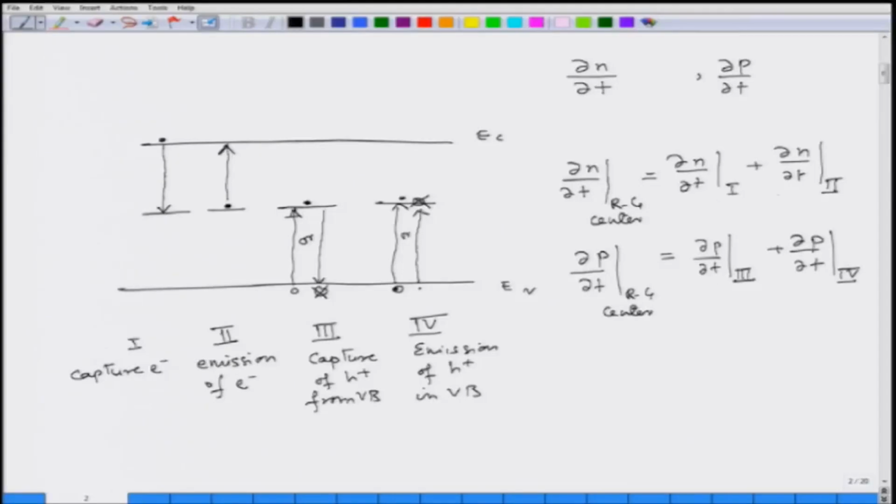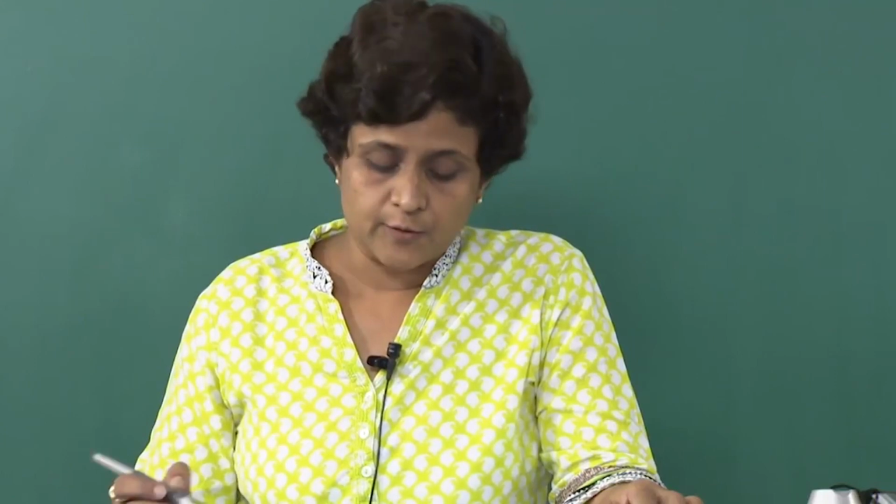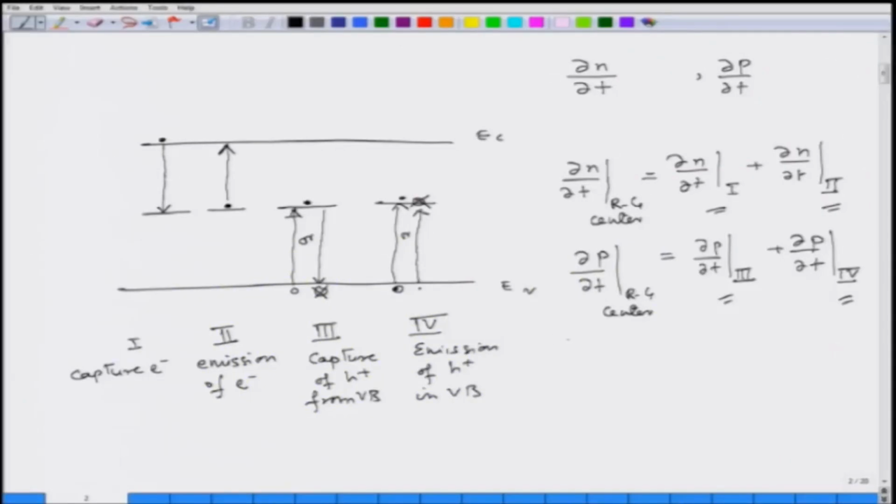So, what are the rates for the first 1, 2, 3 and 4 processes? There we make certain approximations and certain postulates on how we are going to model it. So, if I want to now give some expressions for processes 1, 2, 3, 4, then if I look at the process number 1, what is that process doing?